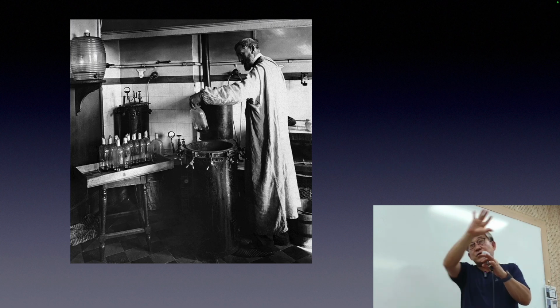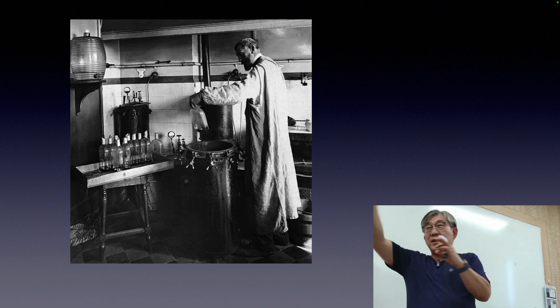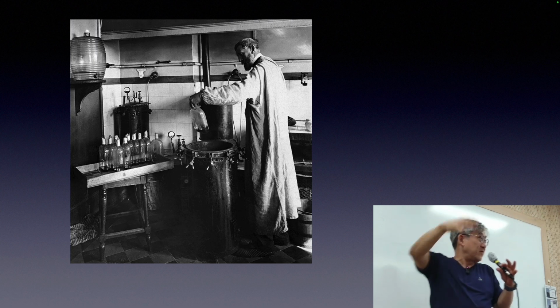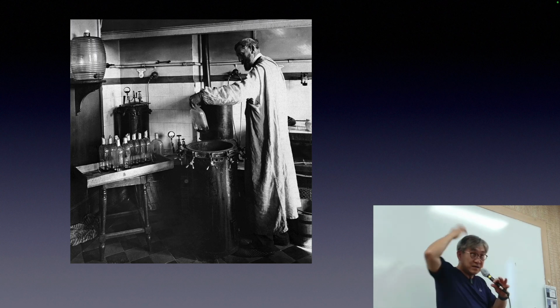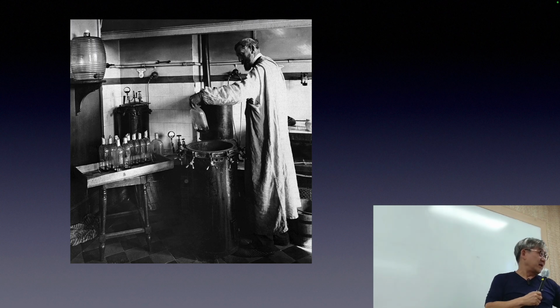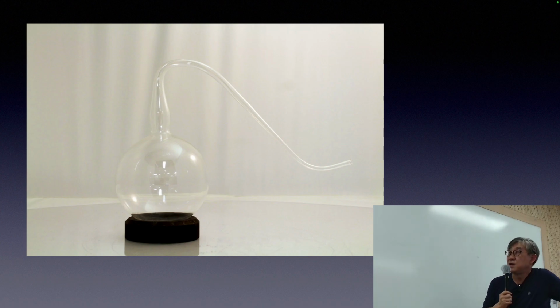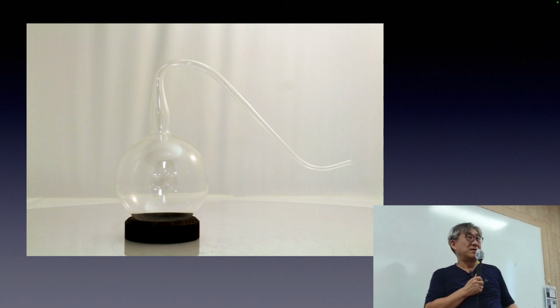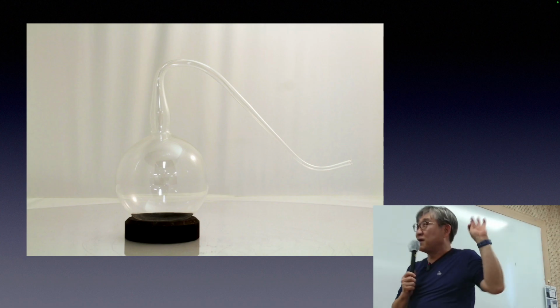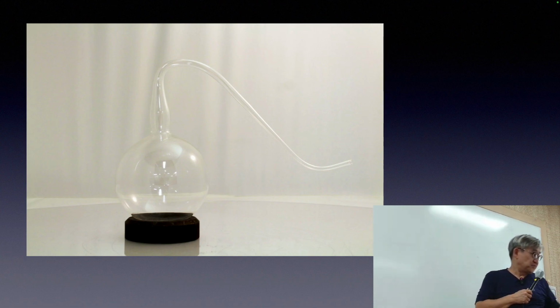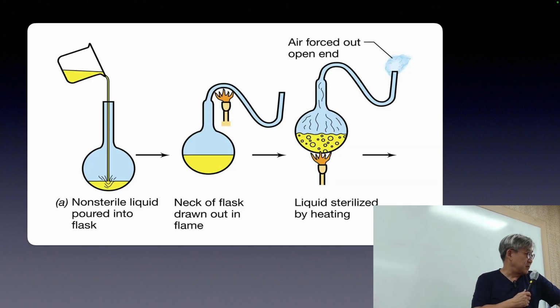Although they're not visible, there are plenty of other life forms floating around in the air. That was his insight. So he invented this particular flask, the swan neck flask, to demonstrate the theory of biogenesis.